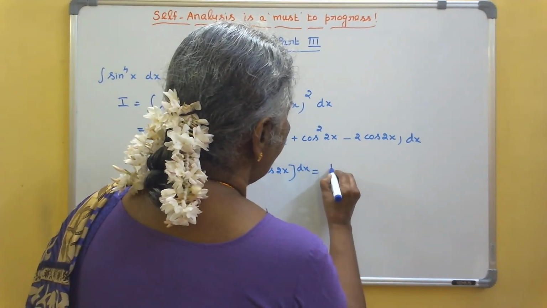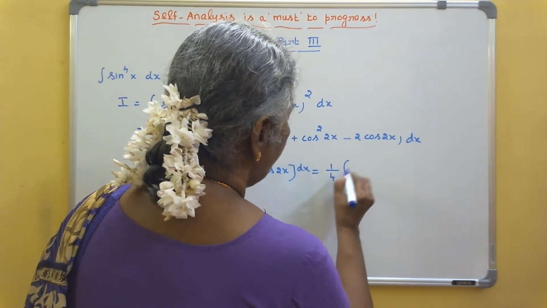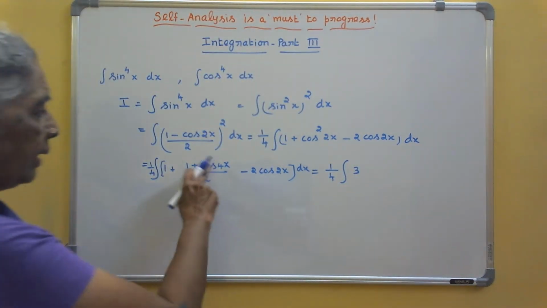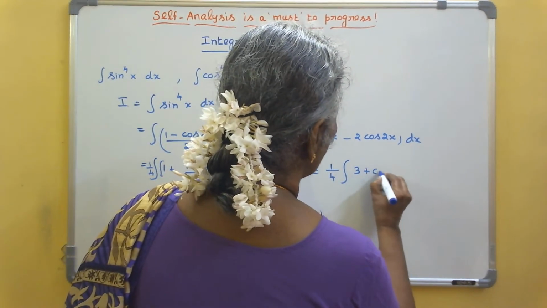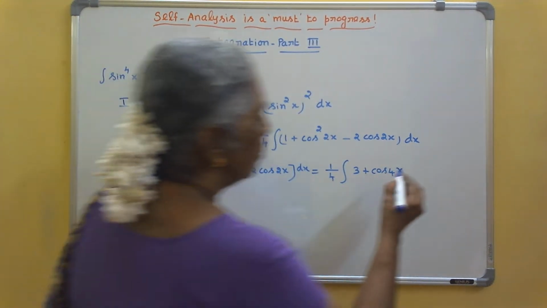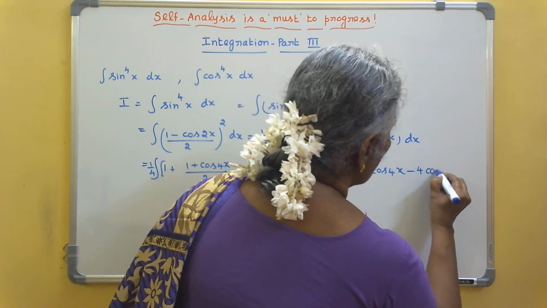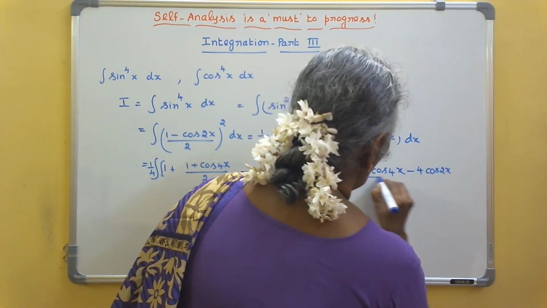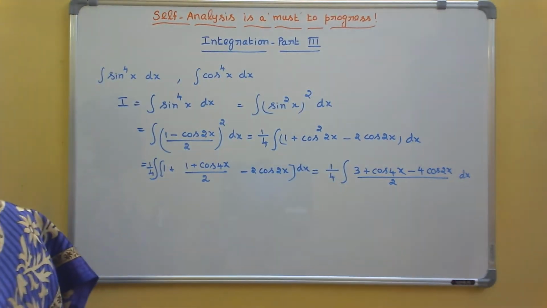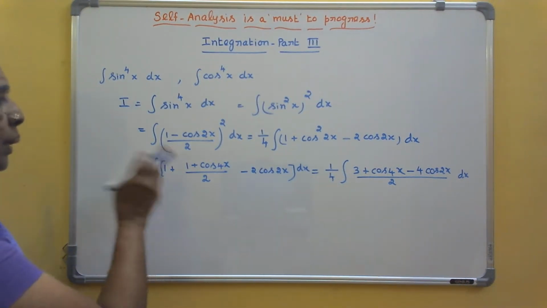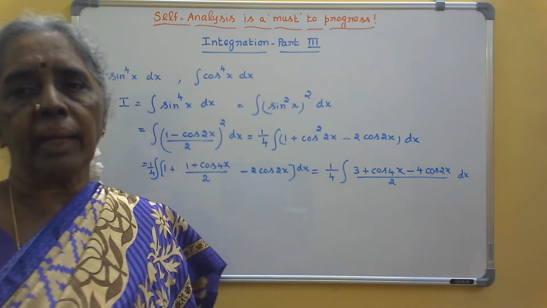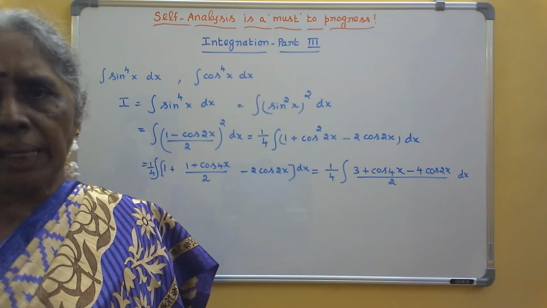So let me write 1 by 4, then integral, in the number part I will get 3, then cos 4x, then minus 4 cos 2x, whole by 2 dx. We have combined the 2 number terms. Now this 2 can be taken out, so you will get 1 by 8 outside.